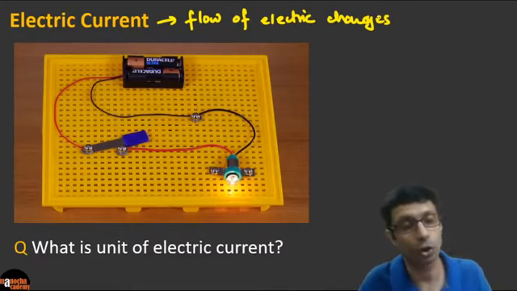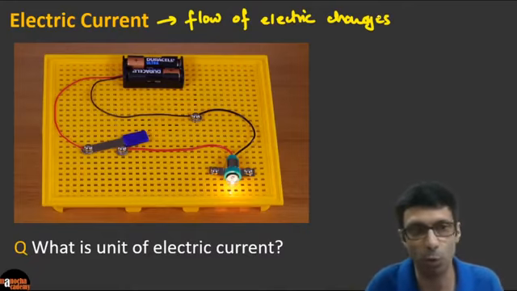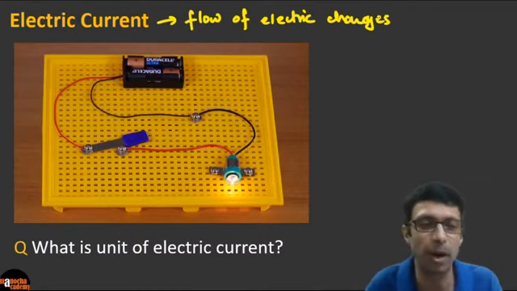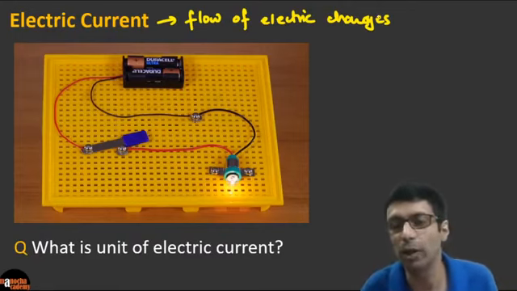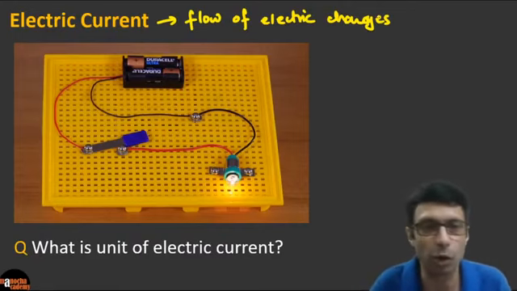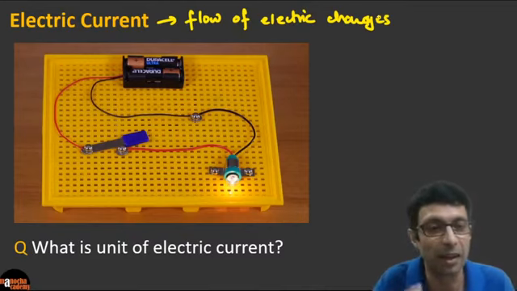It could be protons also in some other situation, but usually the electrons move, because the electrons are the light particles, and they are not in the nucleus of the atom. The protons are tightly bound in the nucleus of the atom, and so the protons cannot move well. The electrons can easily move. Clear, guys? So the electric current is defined as the flow of electric charges.